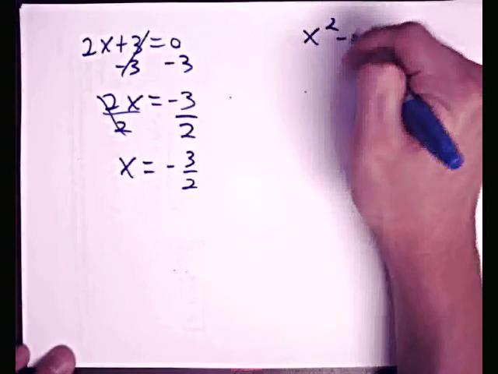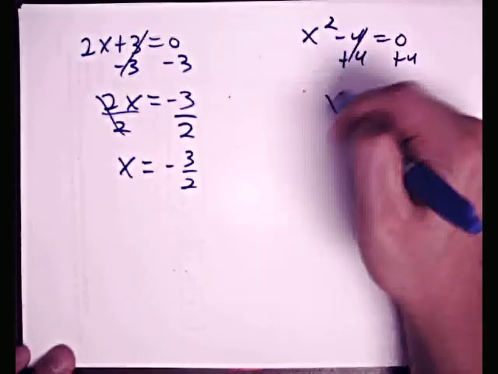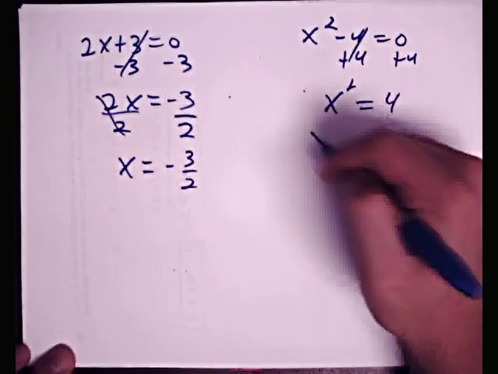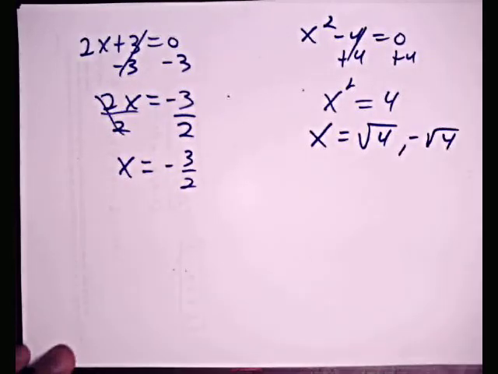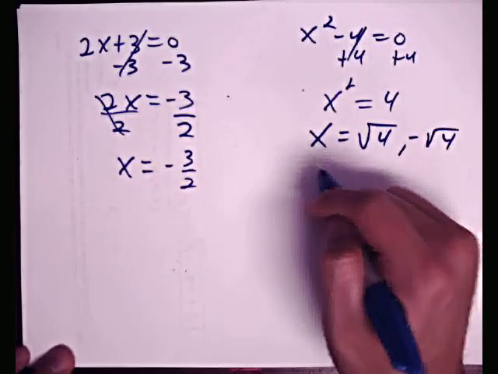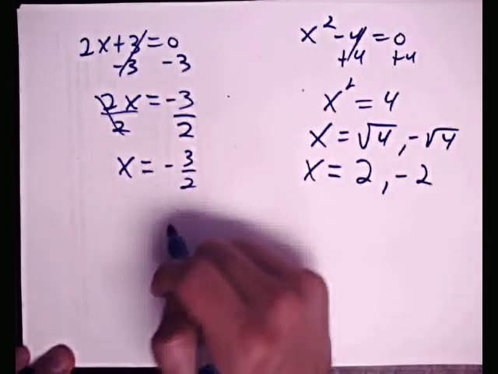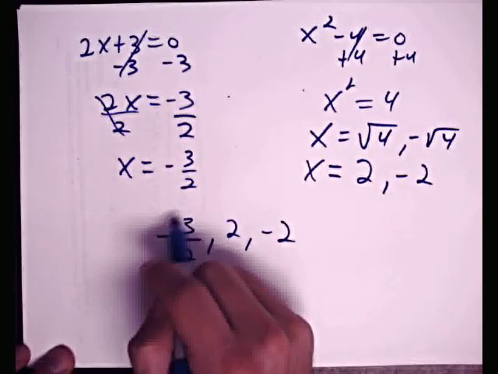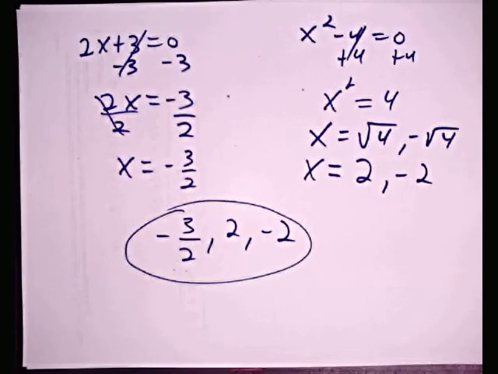For x squared minus 4 equals 0, I would add 4 to both sides and use the square root property since there's no x term and we have an x squared. If x squared equals 4, x would equal the square root of 4 and negative square root of 4. The square root of 4 is 2. So we have 2 and negative 2. Our solution set is negative 3 halves, 2, and negative 2, in no particular order. So if you switch the order around, that is perfectly fine.